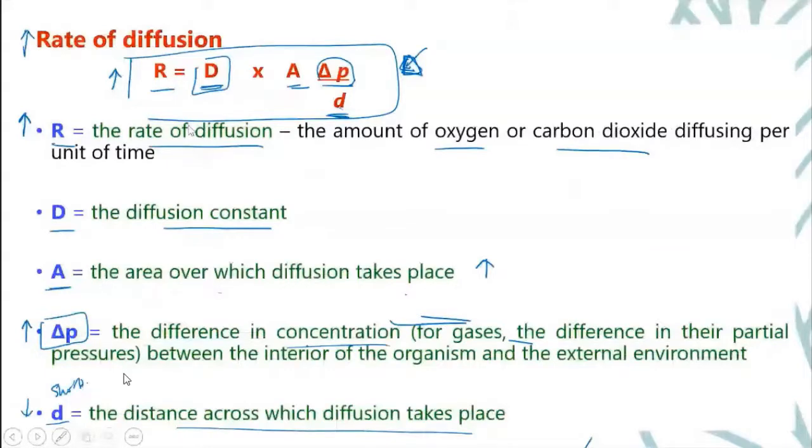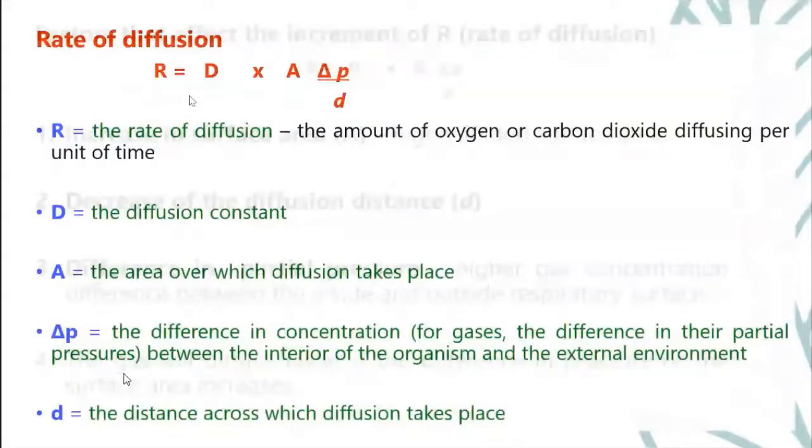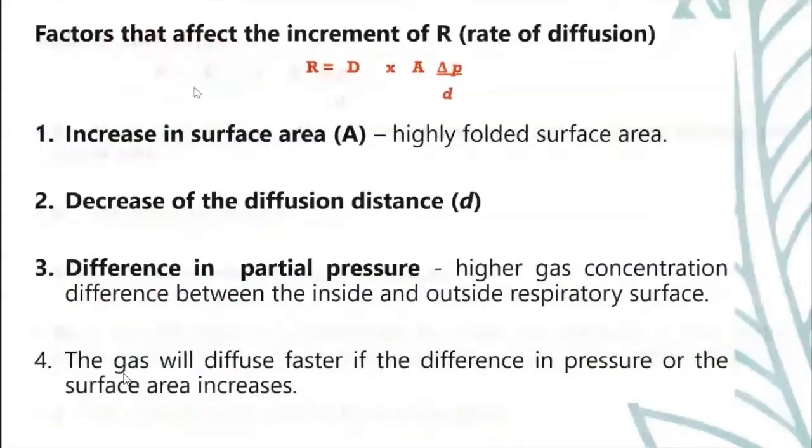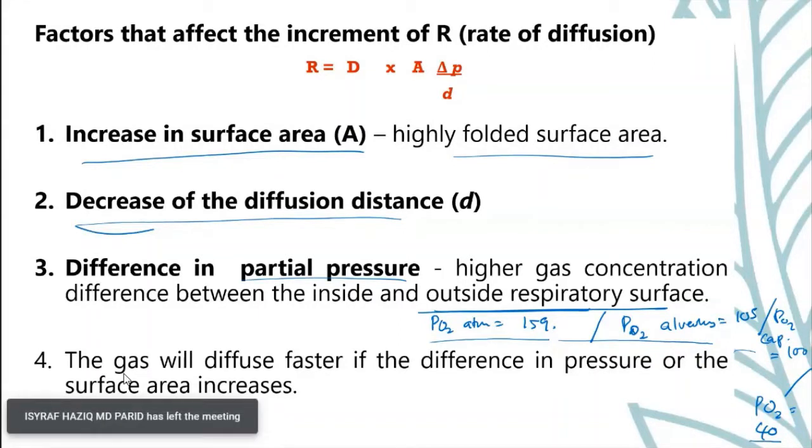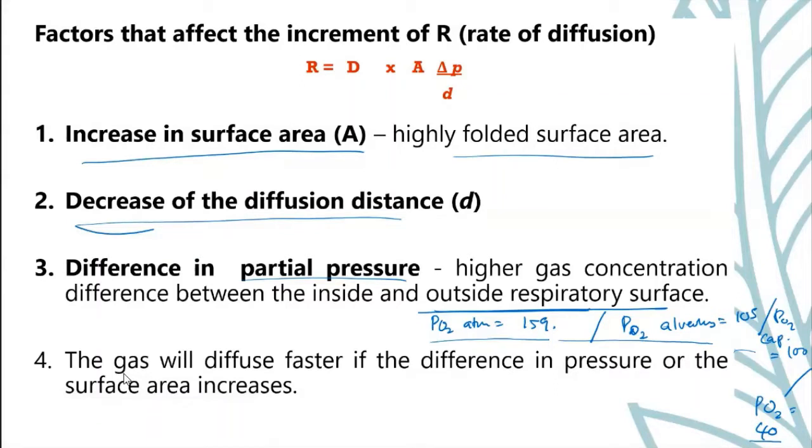Carbon dioxide pun sama jugalah apply. Okay, so from the atmosphere 159, and then goes down into the alveolus 105, and then into your blood capillaries 100, and then in your body tissues which is 40. So nampak ada perbezaan dari segi tekanan partial pressure of oxygen tu. Okay, same goes to the carbon dioxide also.